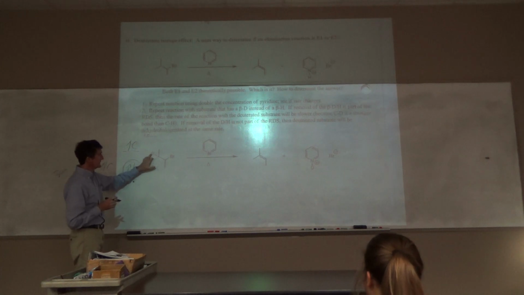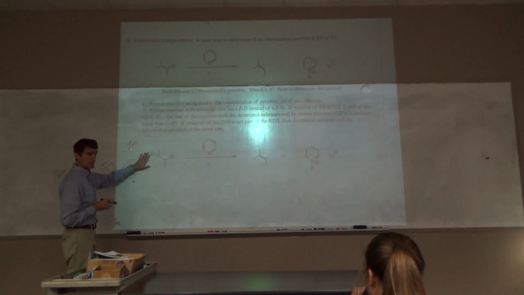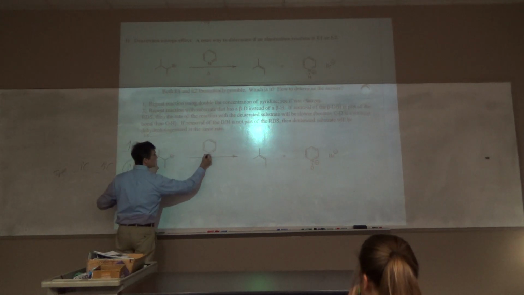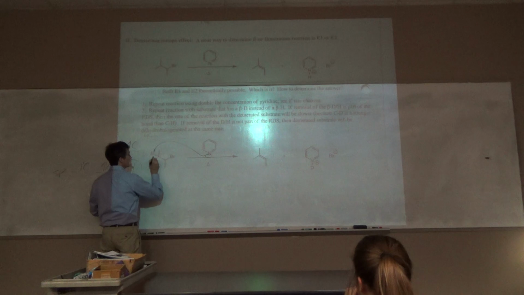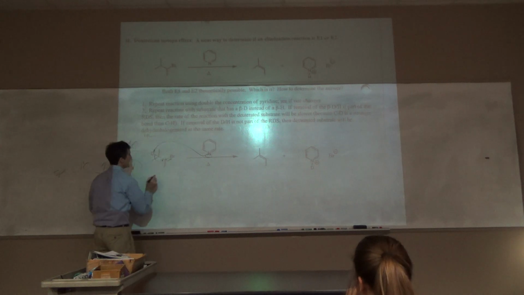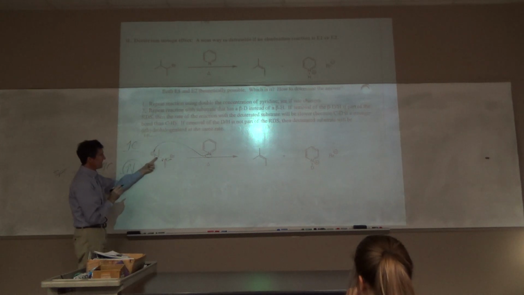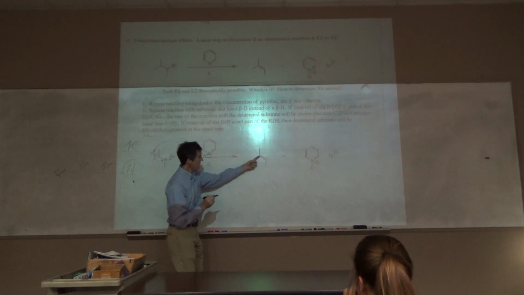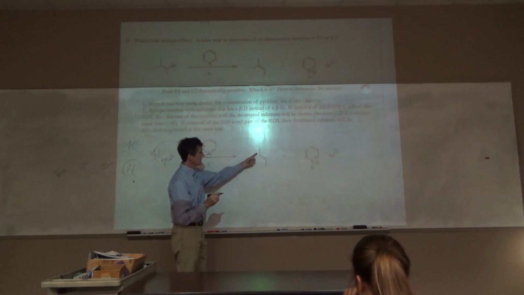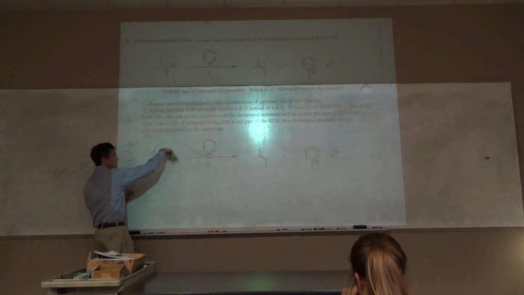If the mechanism is E2, the reaction will then be more difficult. Because E2 would be this: it takes the D, these electrons move in here. But right here, the carbon deuterium bond is being broken. Right? The CD bond is gone. But this is the rate determining step.